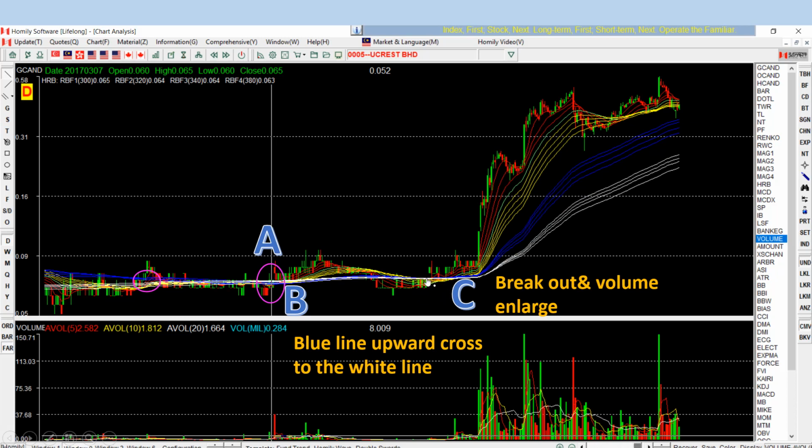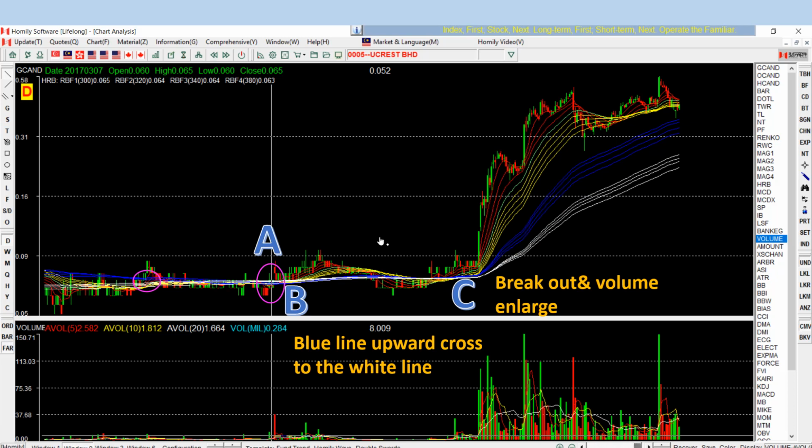But you can see here the direction of the short-term position line, the red line, turning up. So it will be short term. So you must wait until the yellow line and the blue line and the white line turn up also, so that you will get the long-term uptrend.